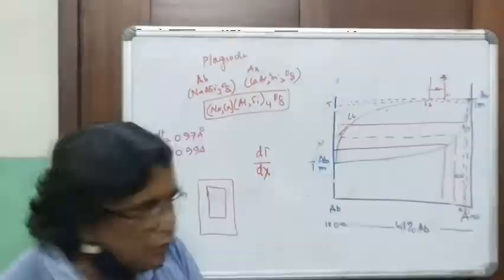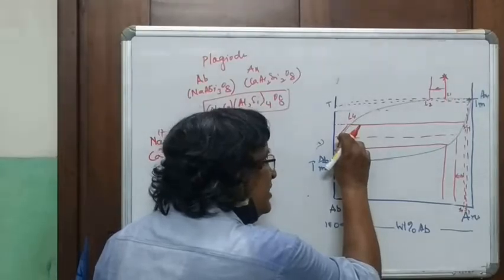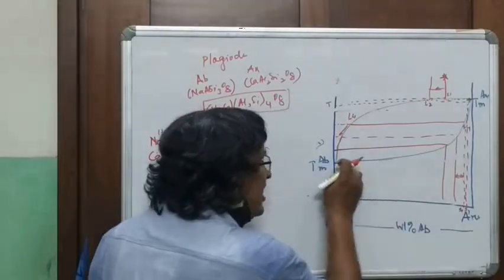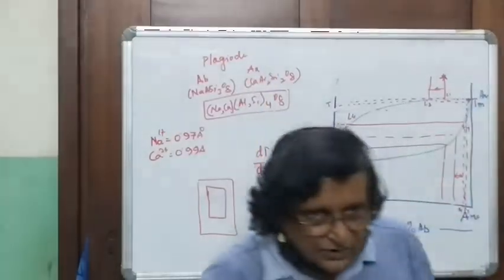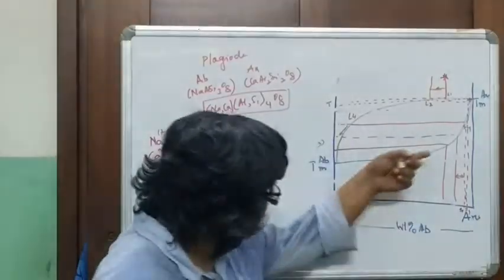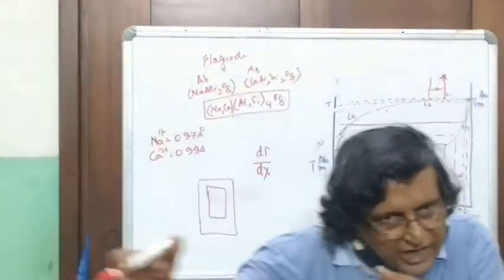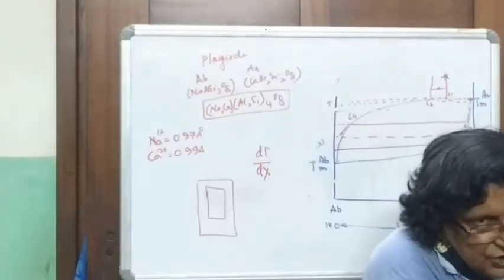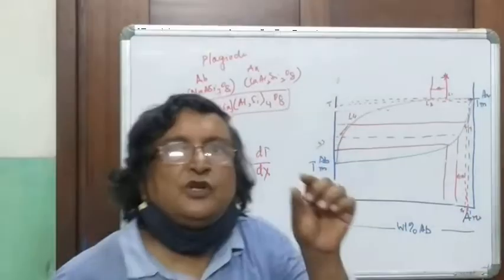And point number two, for a small change of liquid composition, the solid composition changes dramatically. So what happens? The solid composition has to change because of the flatness of this slope. The solid composition has to change over large compositions for a small change in the composition of the liquid.